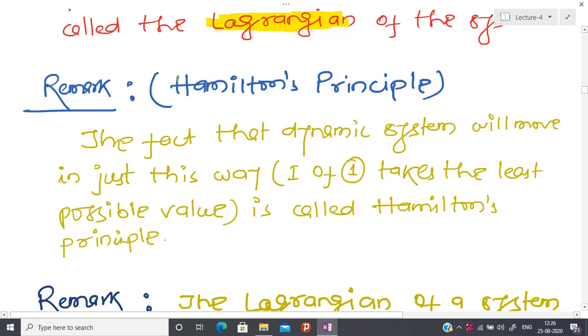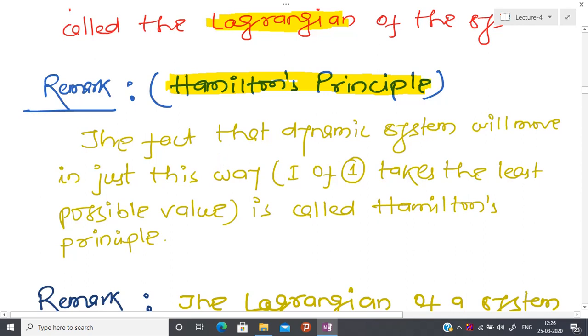I will discuss some more about Hamilton and modeling based on this principle in the next lecture. So in today's lecture, I am just going to tell you the relation between this integral and the Lagrangian.